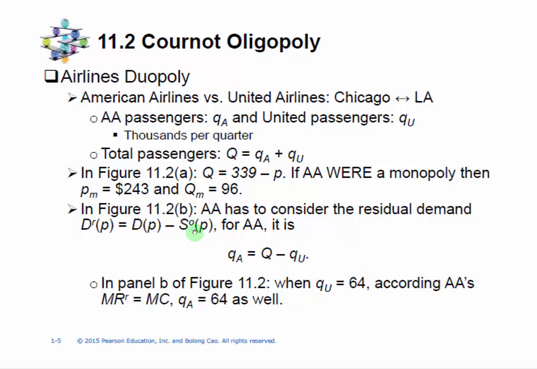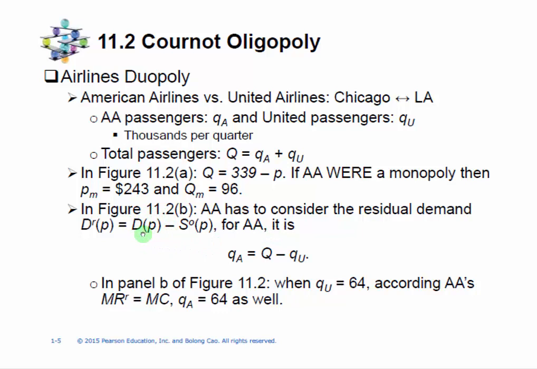This O here means other firms. Other firms supply a certain quantity at this price P, and the demand left is the so-called residual demand faced by American Airlines.